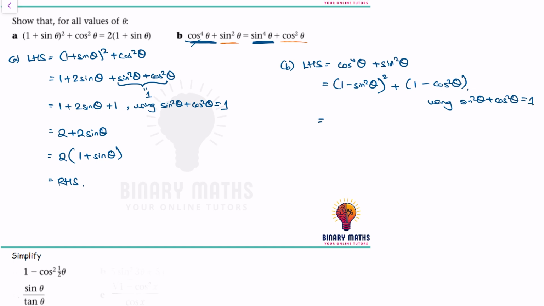Okay, if I expand that bracket, I get 1 minus 2 lots of sine squared theta plus sine to the power of 4 theta plus 1 minus cos squared theta.